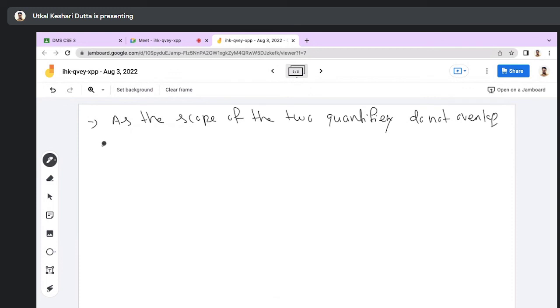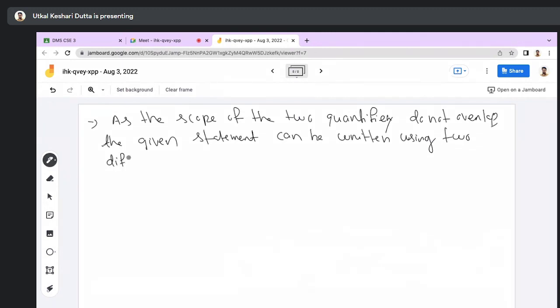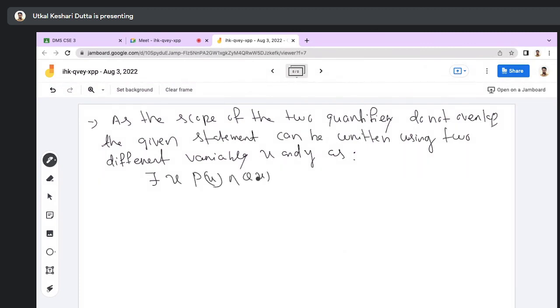So the given statement can be written using two different variables, x and y, as follows: there exists x, p of x and q of x, disjunction for all x r of x.